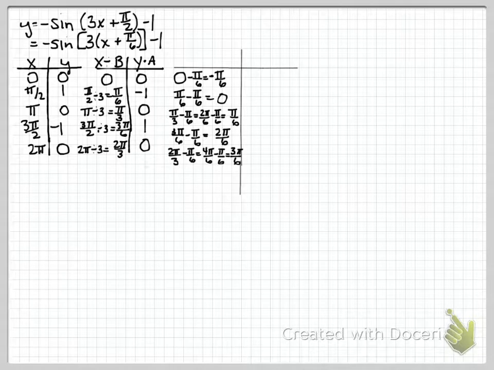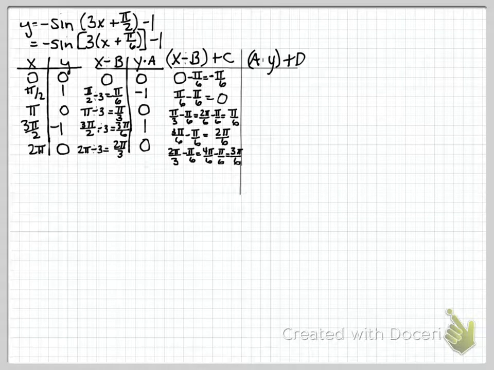So again, this was x divided by b plus c. Here it's a times y plus d. So that's going to be 0 minus 1, and that is -1.